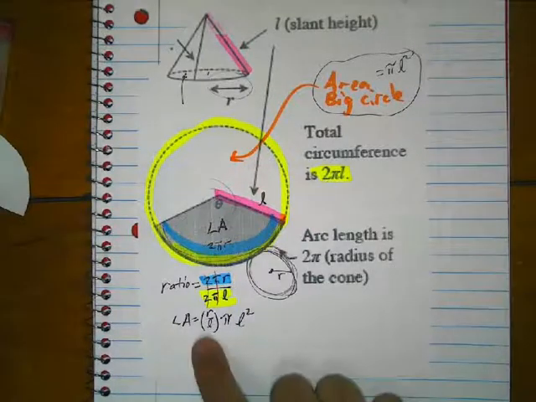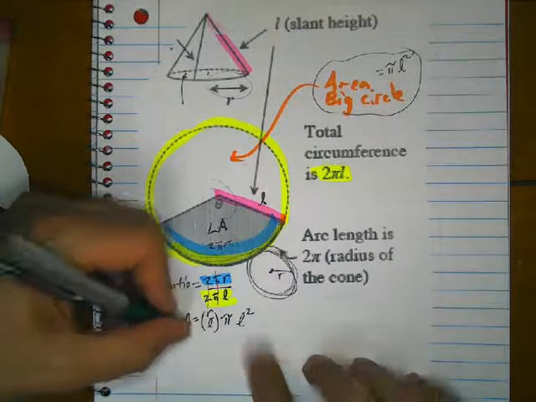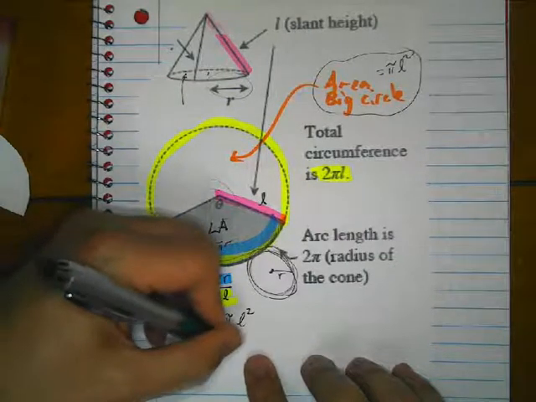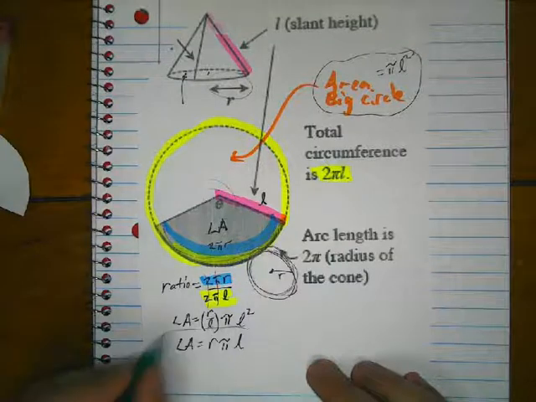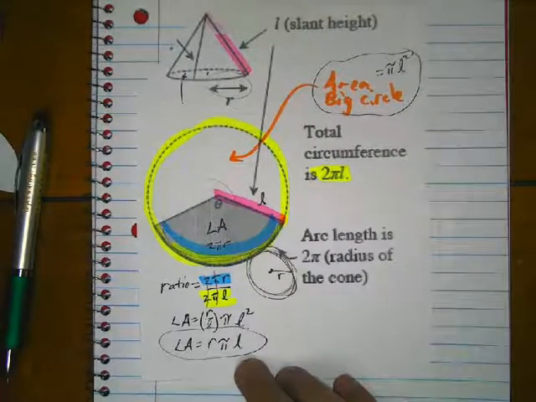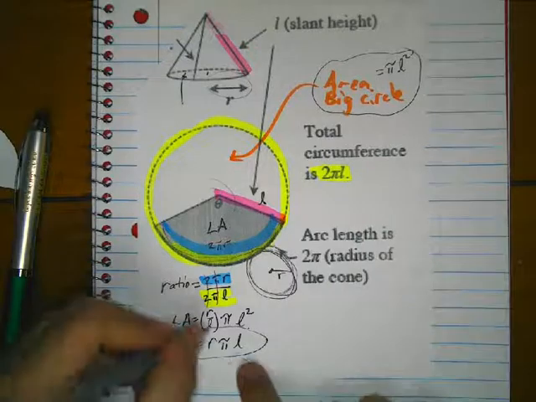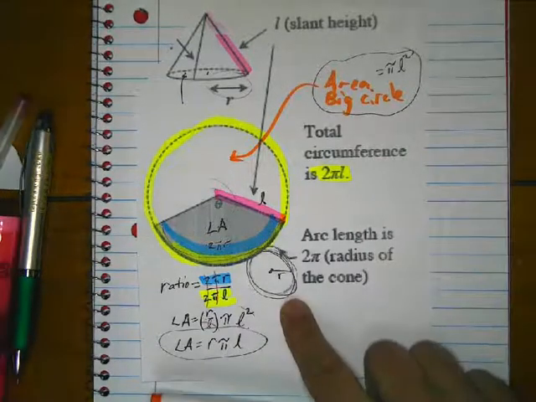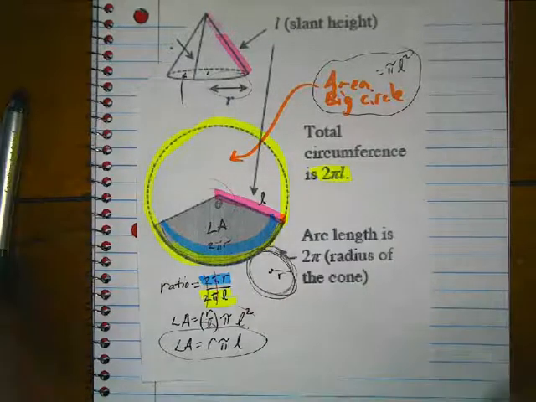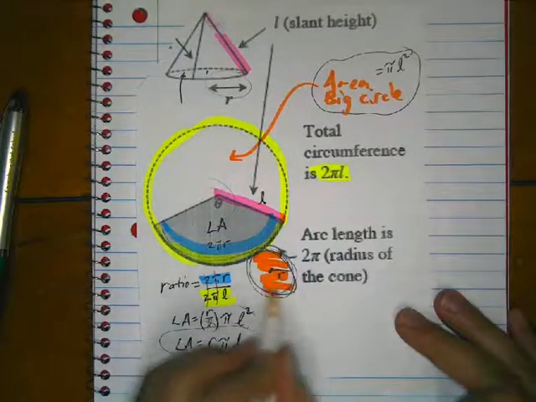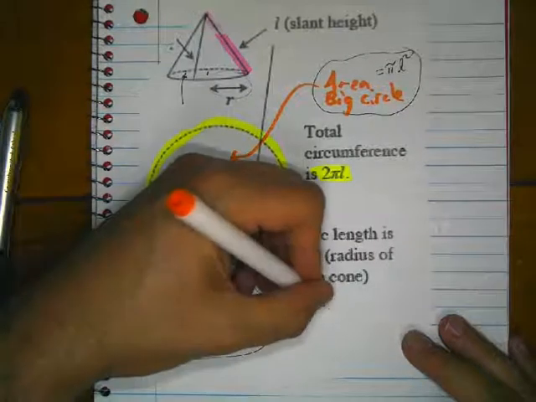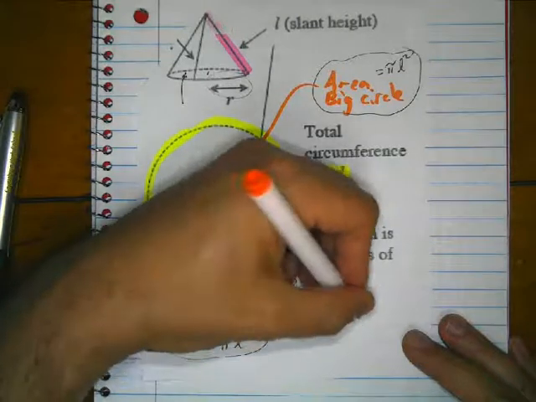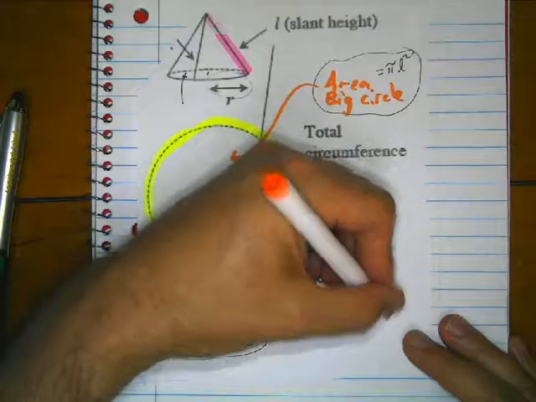The L is going to cancel out on the bottom and the top, and you end up with the lateral area equals r times pi times L. And that's how we get the lateral area being r pi L. And once again we have the area of the circle. The area of the base equals pi r squared.